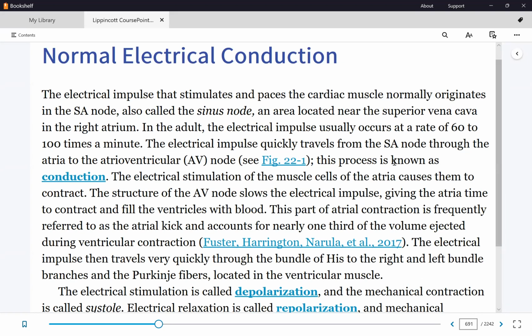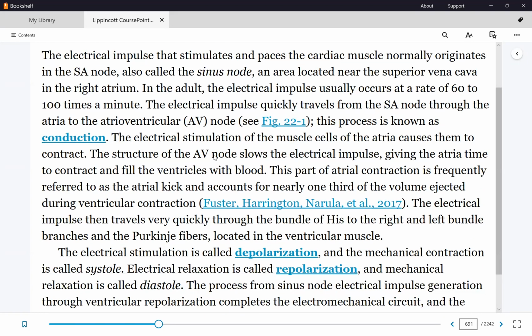The secondary pacemaker is the AV node. This is located at the junction between the atria and the ventricles. Again, I'll show you a picture later. This is a secondary pacemaker, meaning if the SA node fails to fire, or the AV node perceives that the SA node is not firing, the AV node can be a backup.